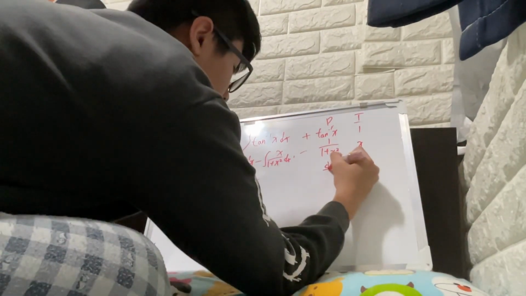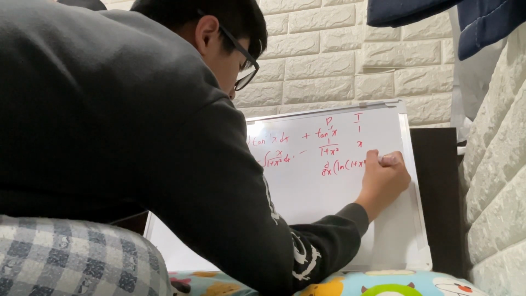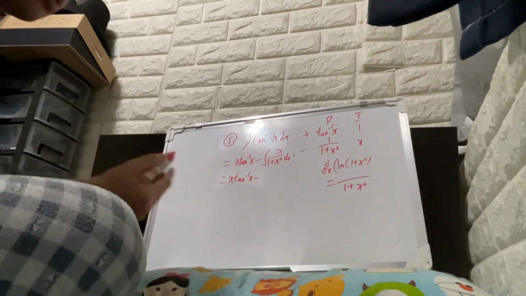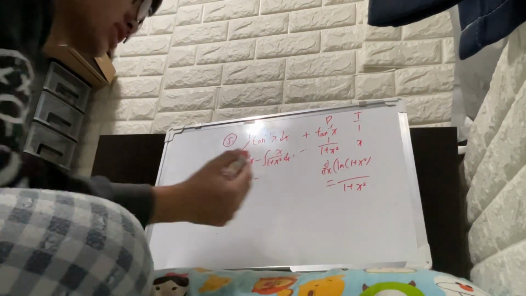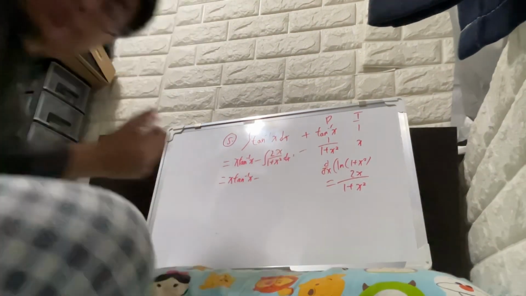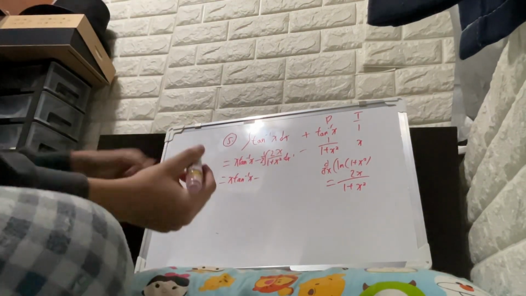If you differentiate Ln of 1 plus x squared, first you get 1 over 1 plus x squared, and then because of the chain rule you multiply by the derivative of the inside, which gives 2x. But we don't have a 2, so let me give it a 2 here. And then be careful, you multiply by 1/2 because it would change the whole thing.